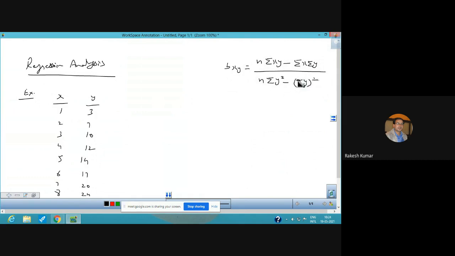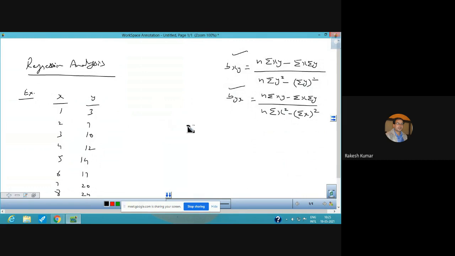Similarly, the regression coefficient of y on x is n sigma xy minus sigma x sigma y, over n sigma x square minus sigma x whole square. This is the second regression coefficient.